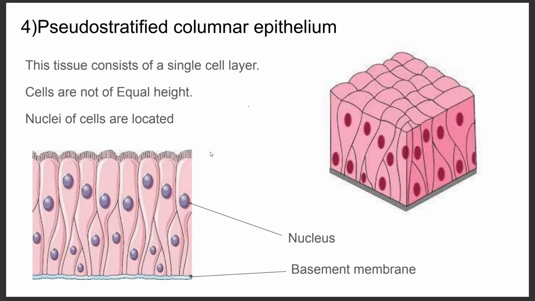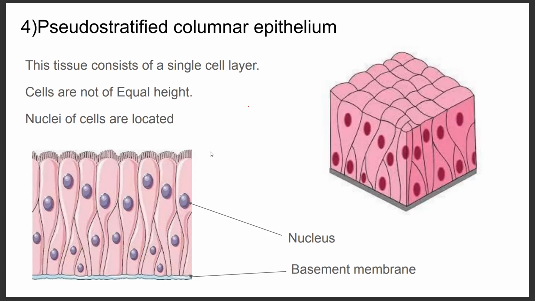That's why it's called pseudostratified. These are ciliated cells and form the mucous membrane. The cilia help to sweep the mucus along the surfaces. Found in places like the nasal passages and the trachea, right? The trachea and nasal passages are lined by this pseudostratified columnar epithelium.